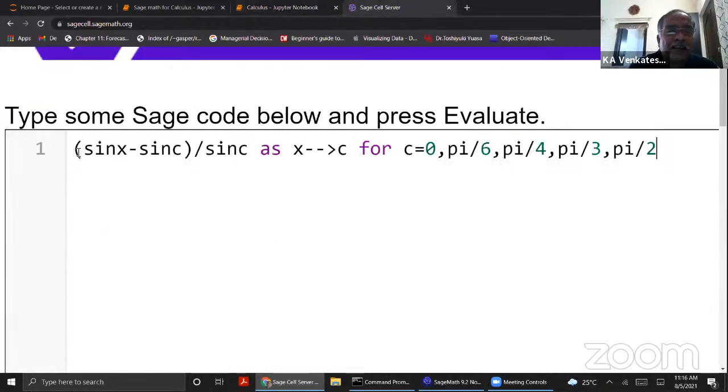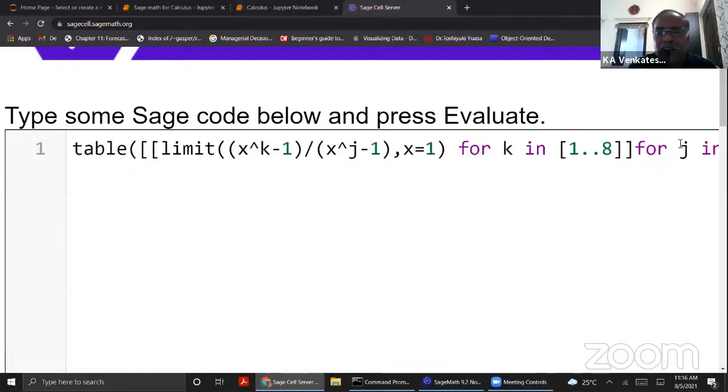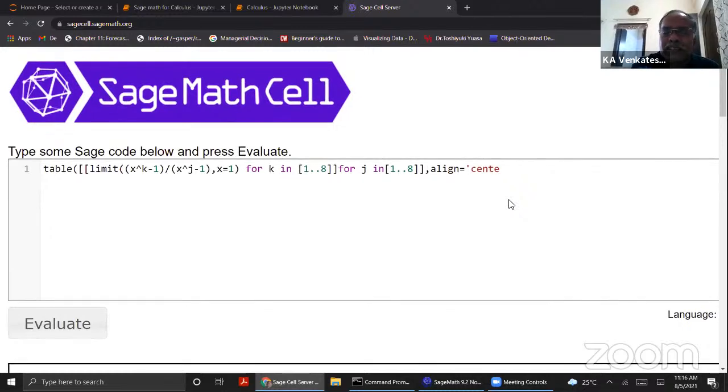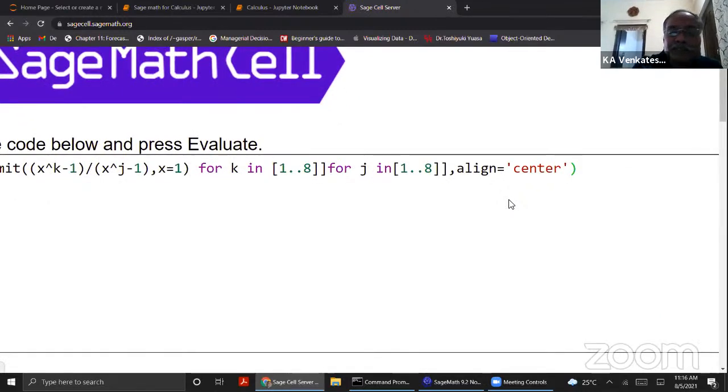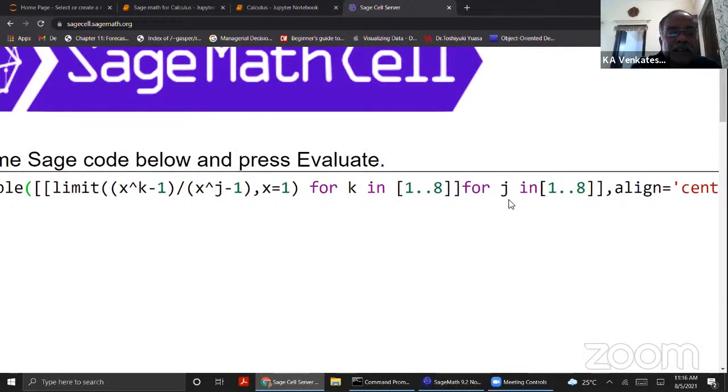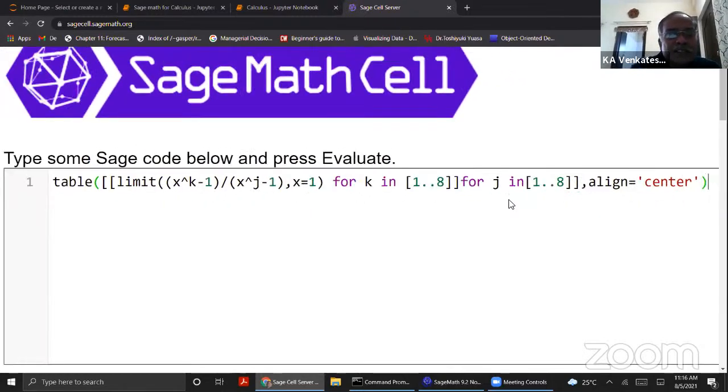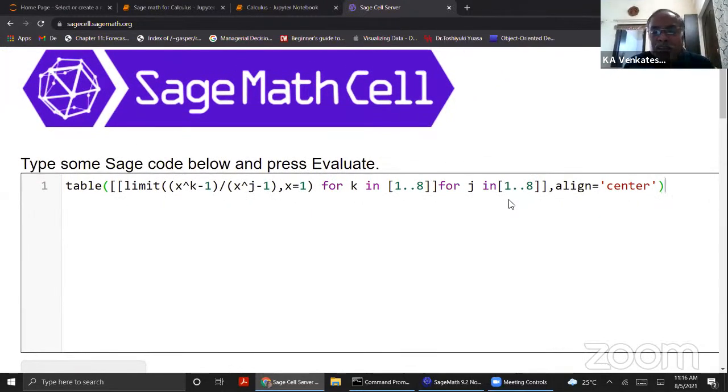Cell, I remove this part. Let me verify whether it was copied. Yes, center. Yes. Now I'll enlarge it. Are you getting the same values? Obviously we'll get the same values, so that you will have some code with you.